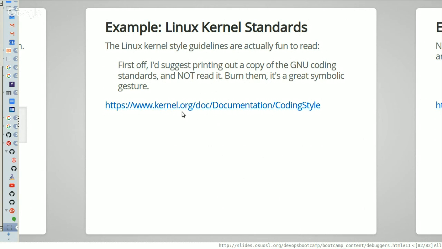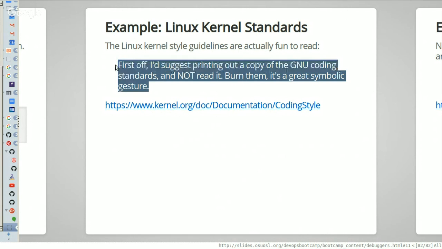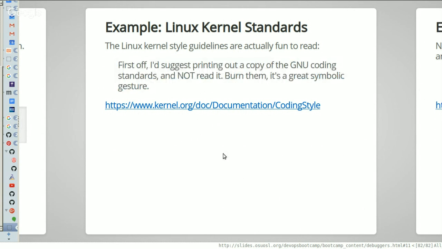So they have their own coding style, which dictates that tabs are 8 spaces, this is how you write functions, this is how you write comments, et cetera. And sometimes it's kind of funny. This is actually a quote from that document, and you should check it out. It's a very good model if you want to write your own C code. That is a pretty good standard to write your code against.